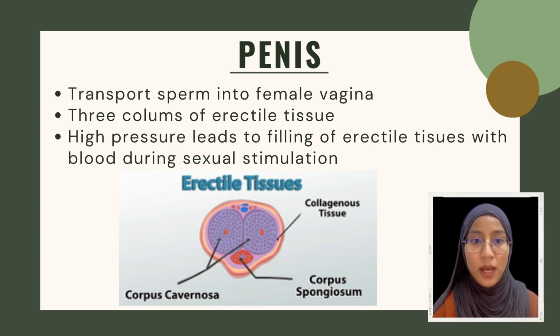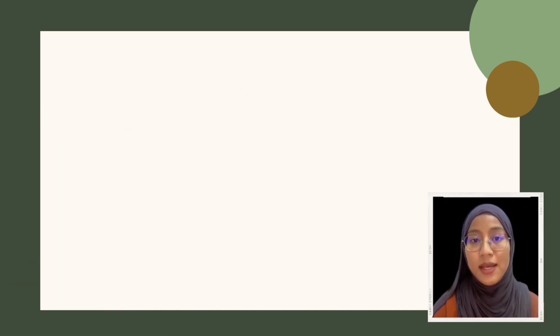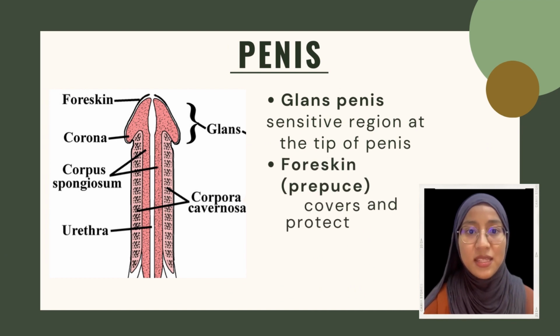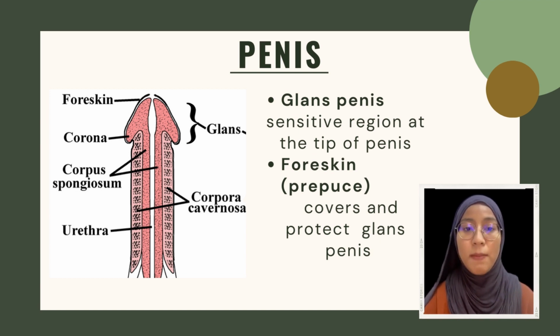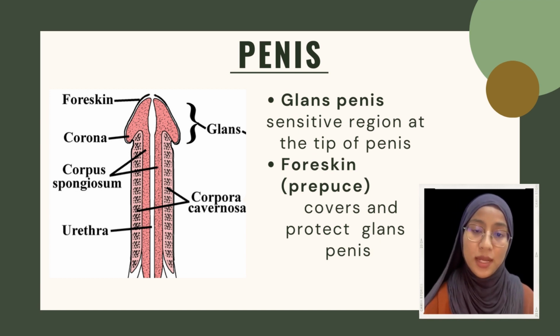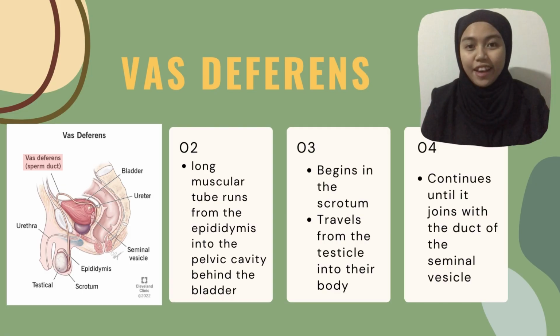So, when blood from the circulatory system fills the cylinders, the penis becomes enlarged and hard, or erect, during sexual stimulation. The glans penis is a sensitive region located at the tip of the penis. The foreskin, also known as the prepuce, is a retractable double layer of skin and mucous membrane that covers and protects the glans penis.